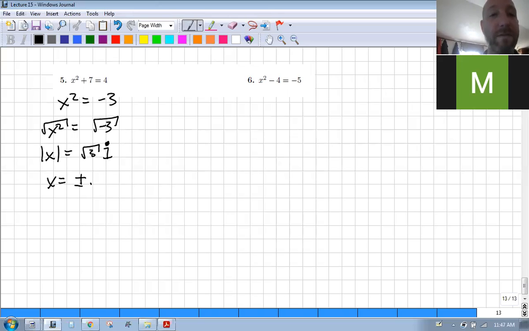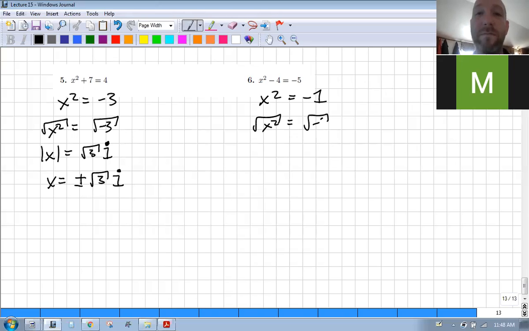So x is plus or minus root 3 i. Over here we'll add 4 to both sides. Square root. The square root of negative 1 is i. So x is plus or minus i.